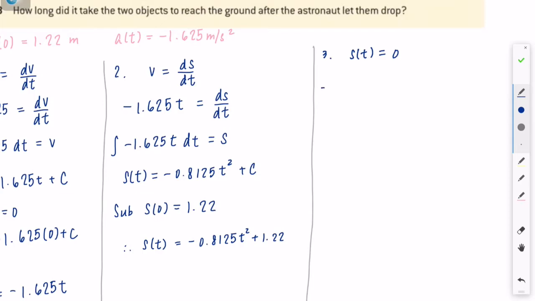Negative 0.8125 t squared plus 1.22 equals 0. And if I solve this by dividing 1.22 by that decimal number in front of t squared, square root, t is approximately 1.23. This is the only valid number that I'll get when I solve this equation. There you go.